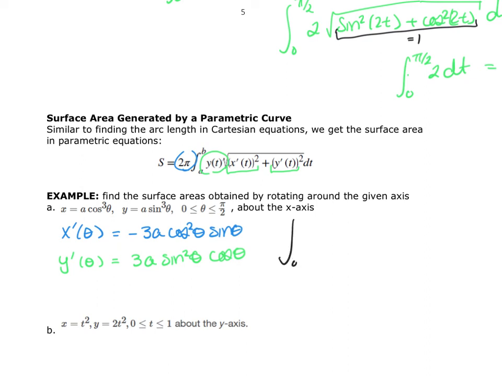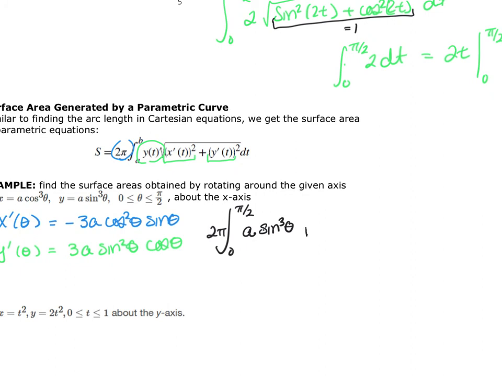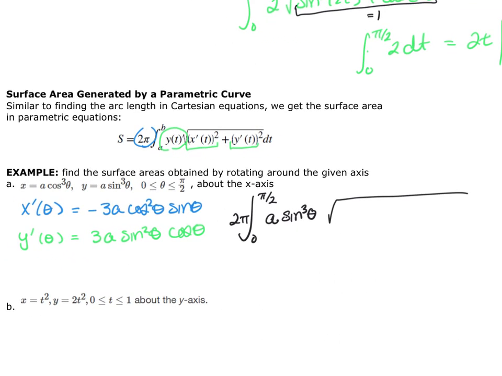So we have from 0 to pi over 2 of 2 pi. And that is y of t, not y prime of t up there. So y of t, which is going to be a, the sine cubed of theta, the square root of. So I notice that there's a 3 common in both and there's an a common in both.